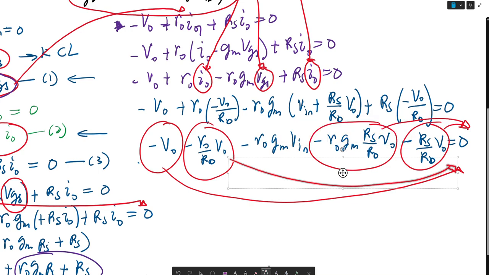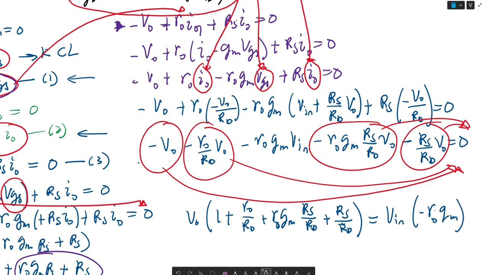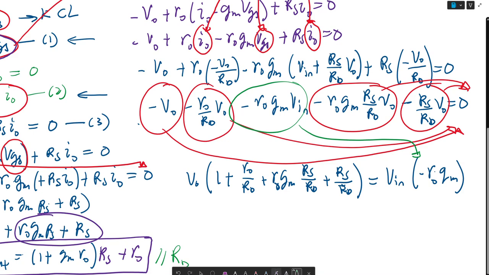And we're left with VO times (1 plus RO over RD plus RO gm RS over RD plus RS over RD), and this is equal to VN times minus RO gm, and this is this term right here. It stays negative.